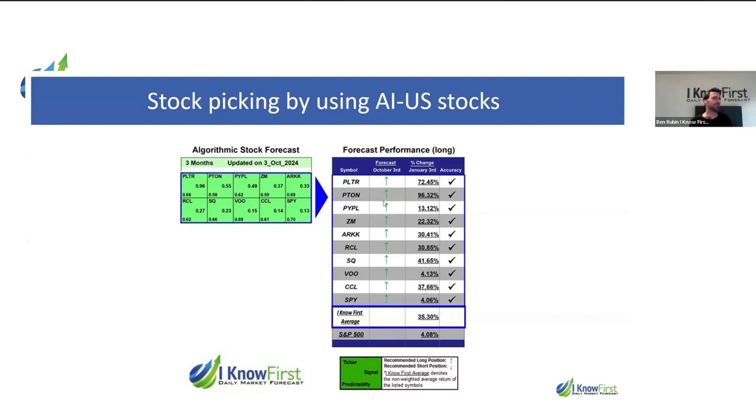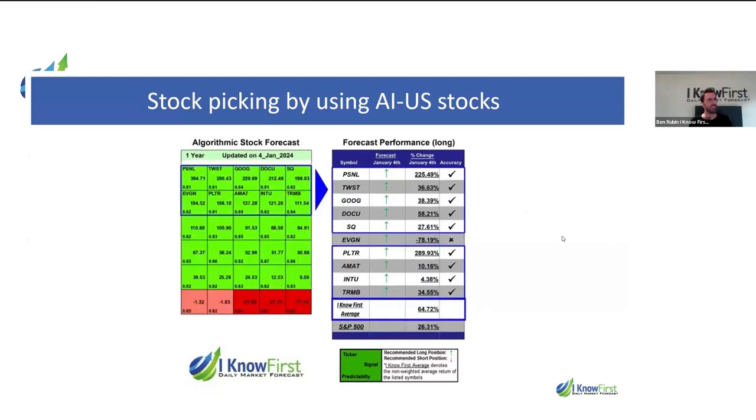You think that the algorithm actually found Palantir on October 3rd? No, it actually went back to January 2024, the beginning of the year. The algorithm in the 1-year time frame marked Palantir as one of the best stocks for this year, and we can see the staggering 289% performance in 1 year.